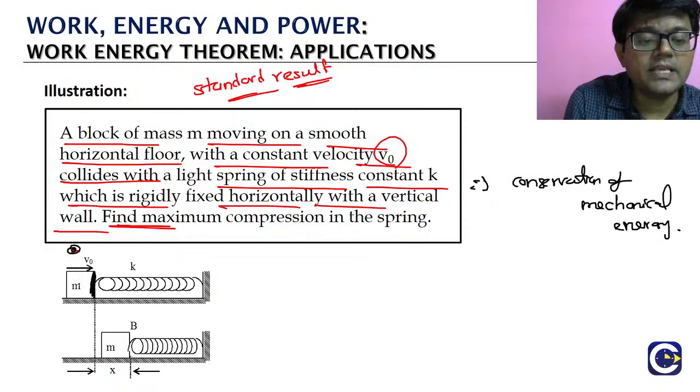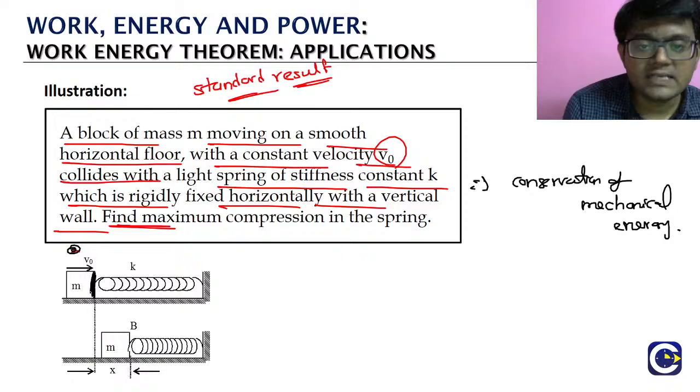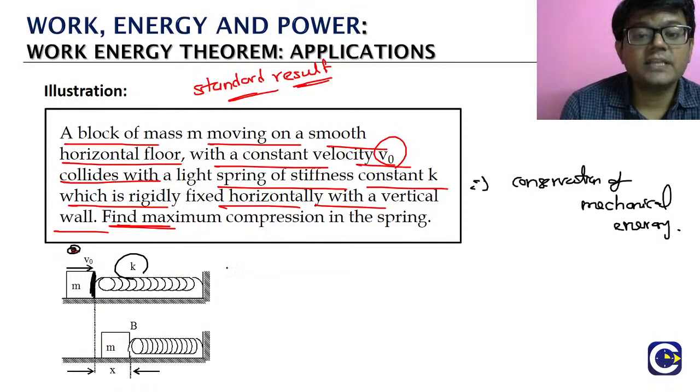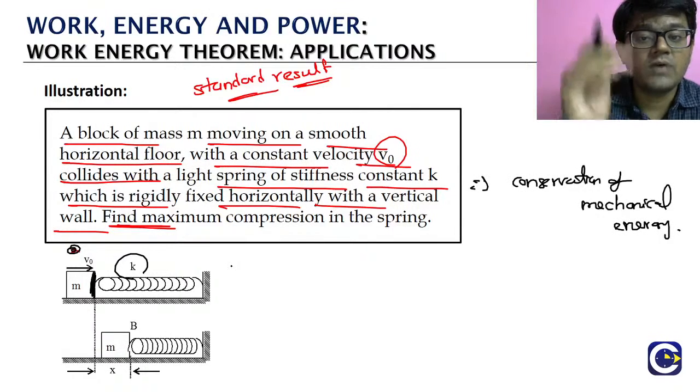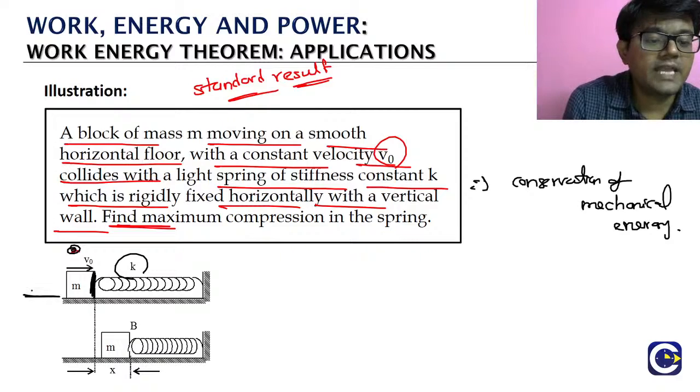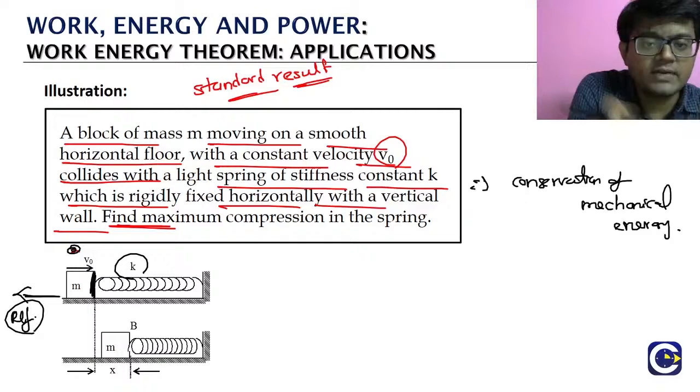Here we look at the kinetic energy of the mass and the potential energy of the spring. The gravitational potential energy term is not involved, because the movement is along the horizontal surface. We take this as the reference line, so the gravitational potential energy is always 0, since we are on the reference line.